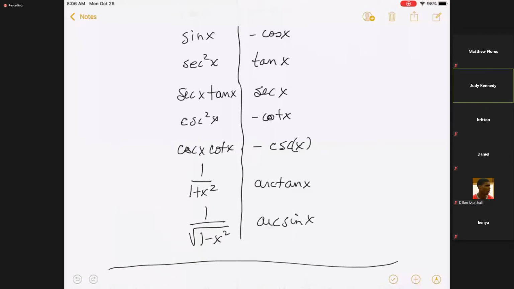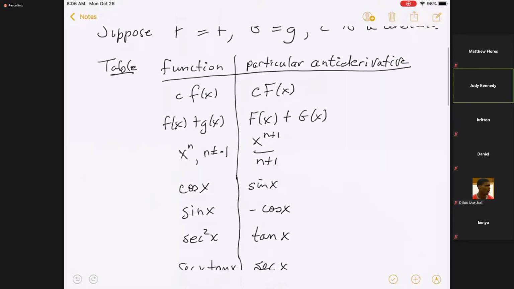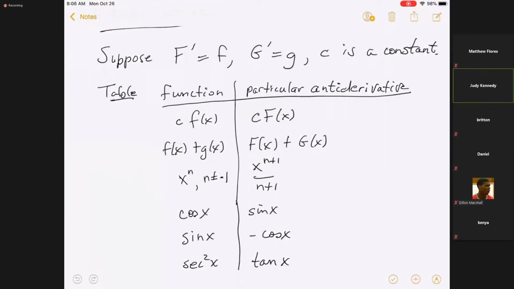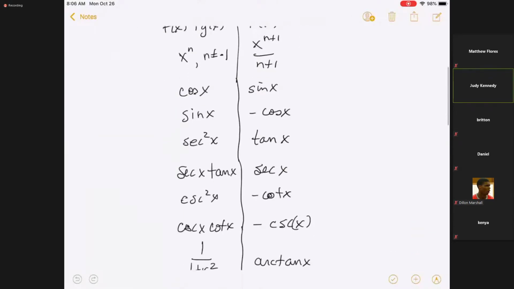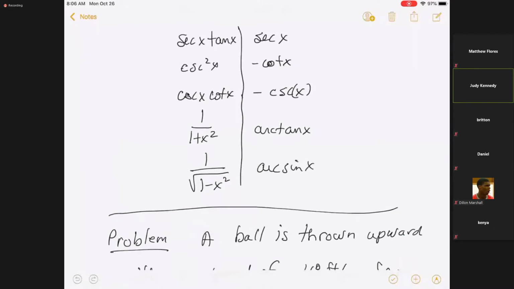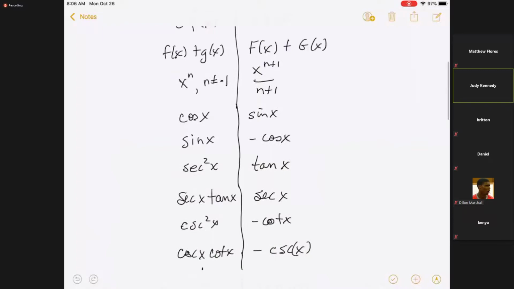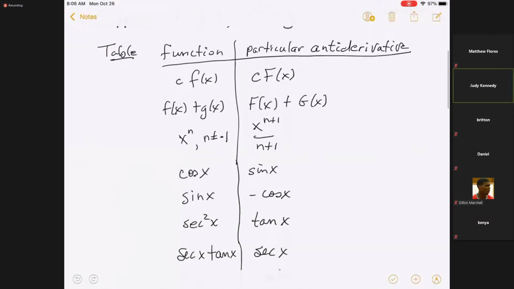And there are others you could add to this list. Okay, these are basically just taking derivative laws and going backwards with them. Okay, so any question about any of those rules?